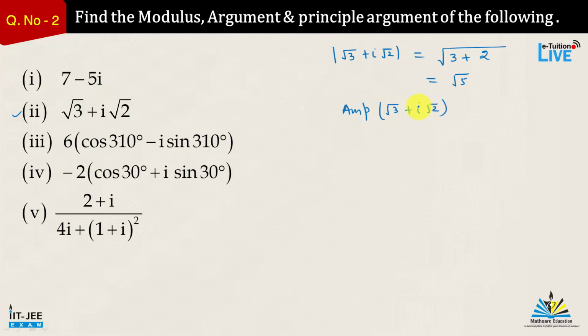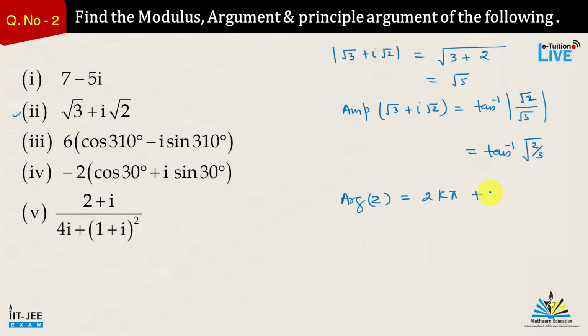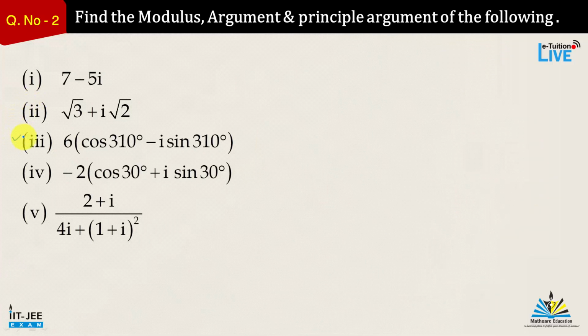Since this lies in the first quadrant, this is tan inverse mod of root 2 upon root 3, and hence tan inverse of root 2 by 3. And then the argument of z is equal to 2k pi plus tan inverse root 2 by 3. Let's move on to the next question.